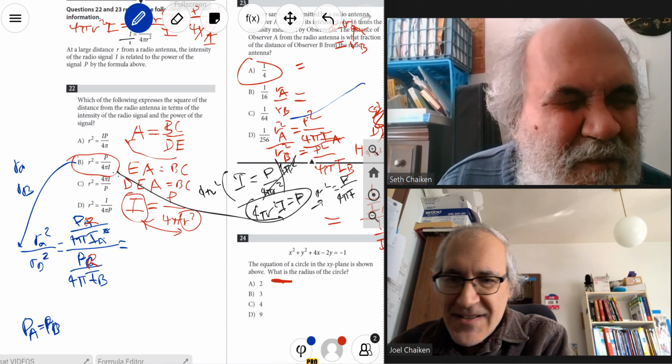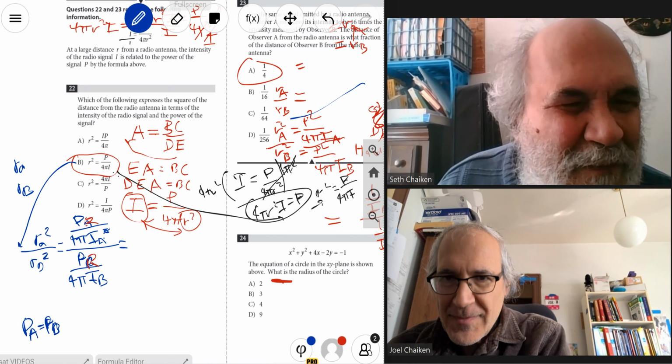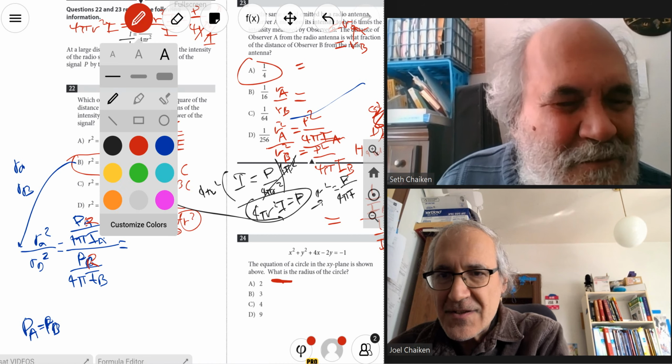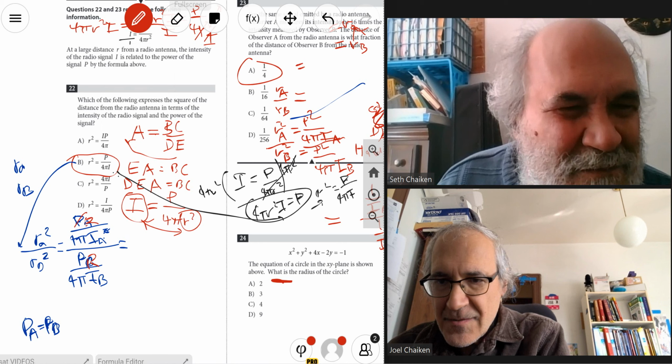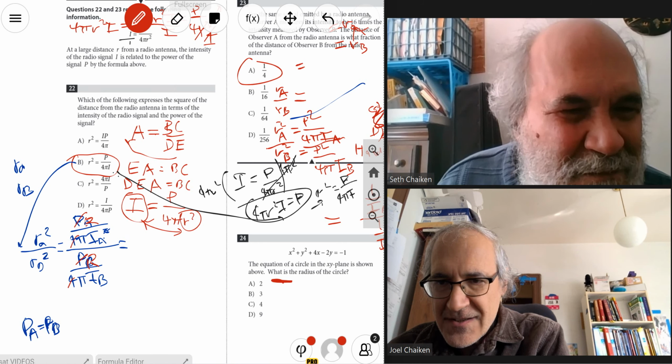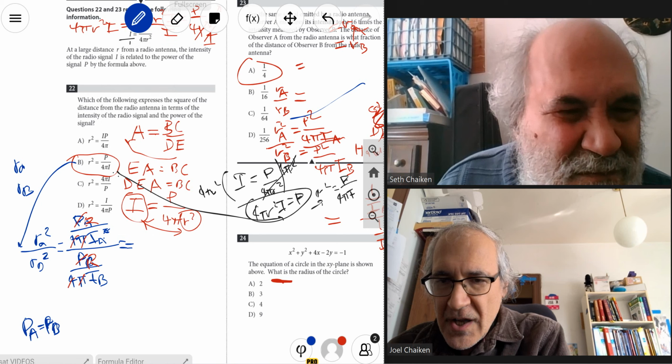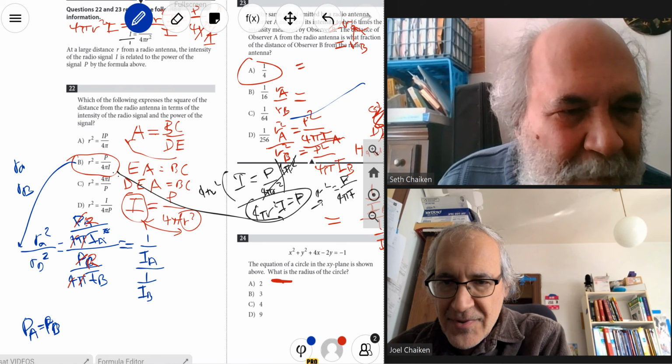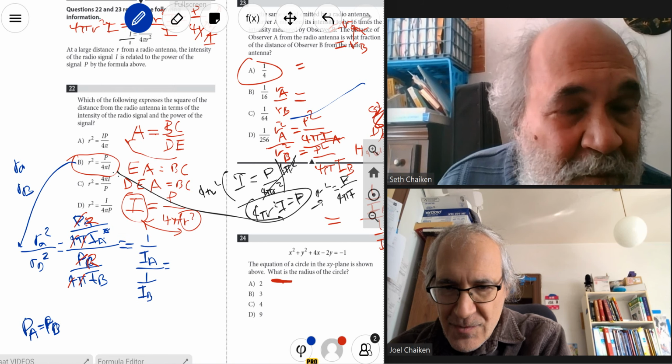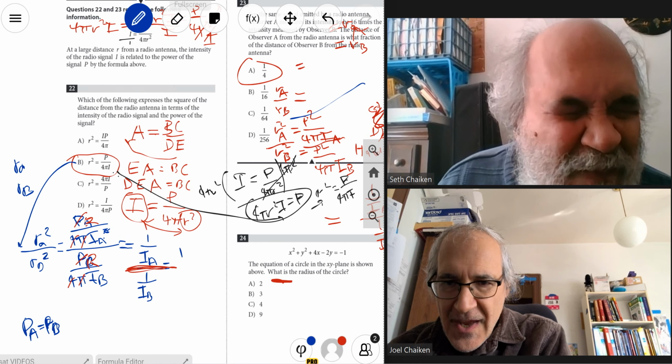Now all of a sudden a lot of stuff cancels. These guys cancel because they're the same. The 4 pi's cancel, and then you're left with 1 over IA divided by 1 over IB. Use complex fractions to multiply by the reciprocal, and you get IB divided by IA.